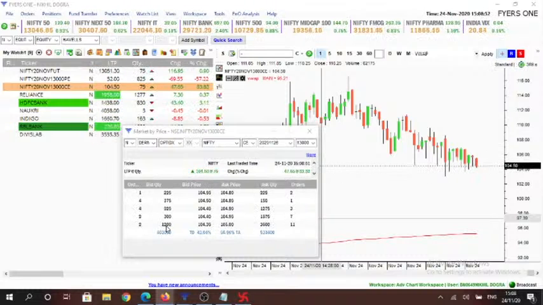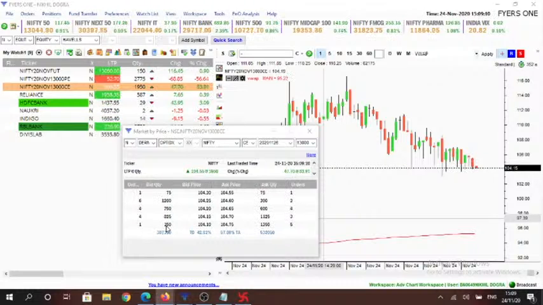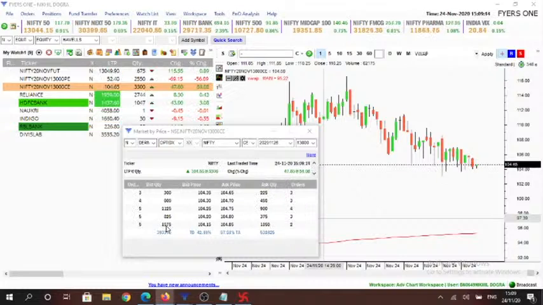Like in our puts for example, we were looking at 55 levels, and they were not breaking. We were able to spot that because there was a relatively large order size at 55, and when the market went over there, it immediately bounced from 55.05 to 56 levels.